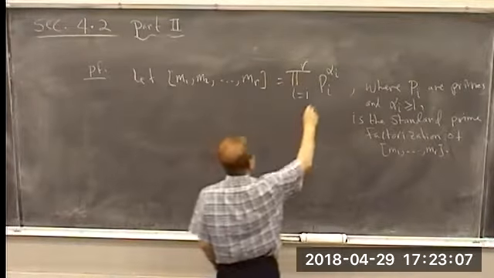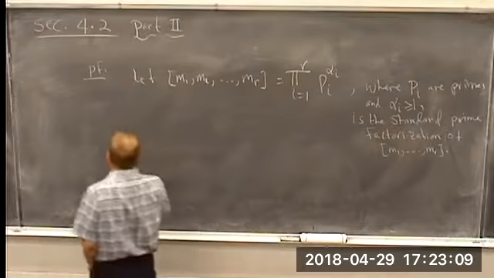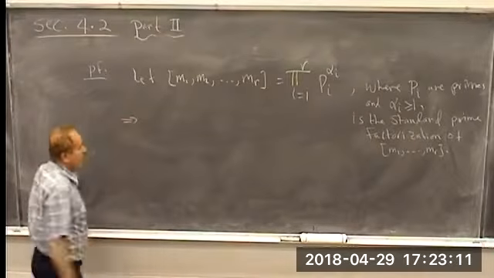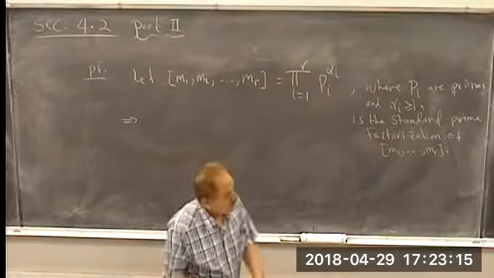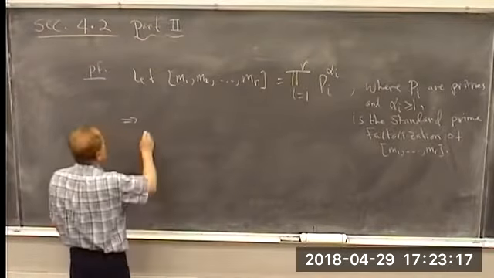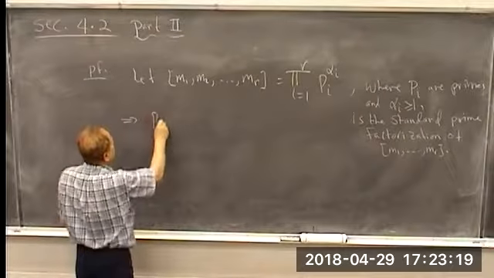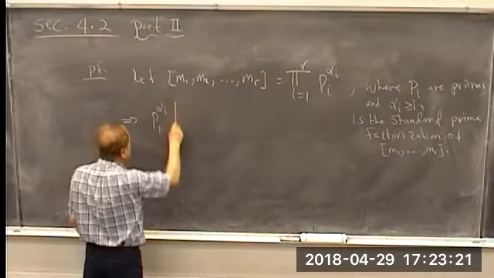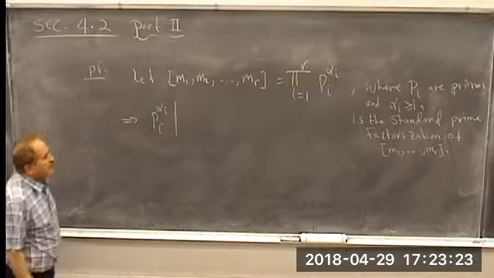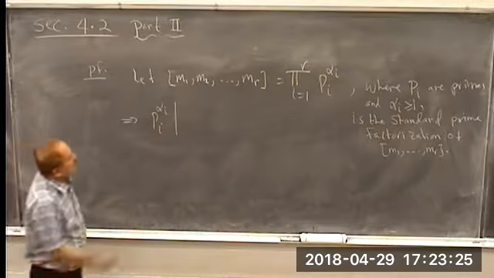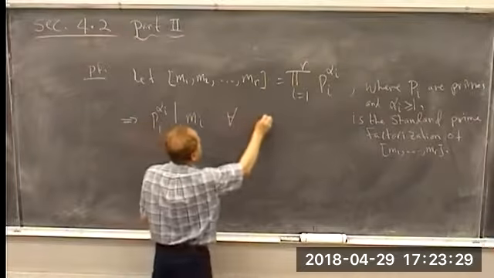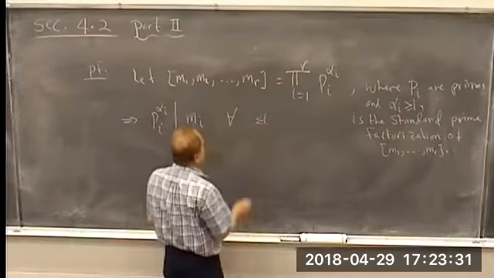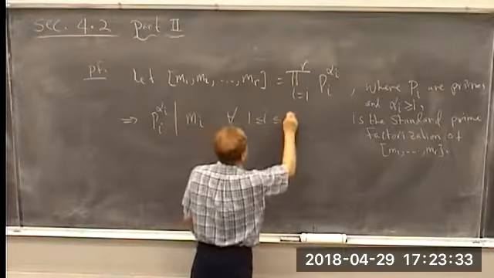Let's take one of these. This implies actually that p_i to the alpha_i is going to divide each one of these, for every i between 1 and l.